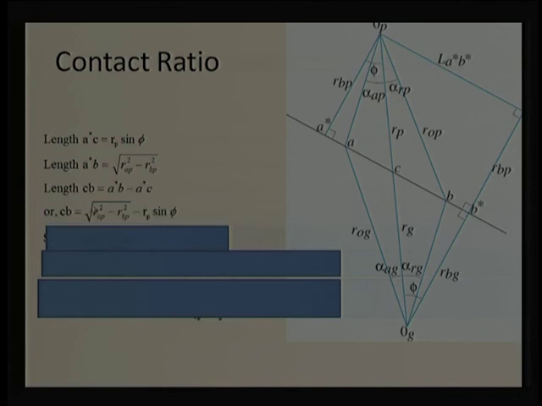In mathematical terms, CB can be given as the square root of ROP square minus RBP square, minus RP, the pitch circle radius, into sine phi. Sine phi is known to us from a geometry point of view, from a manufacturing point of view. RP will be known to us from a manufacturing point of view. This also will be known, so that we will be able to figure out what will be CB.